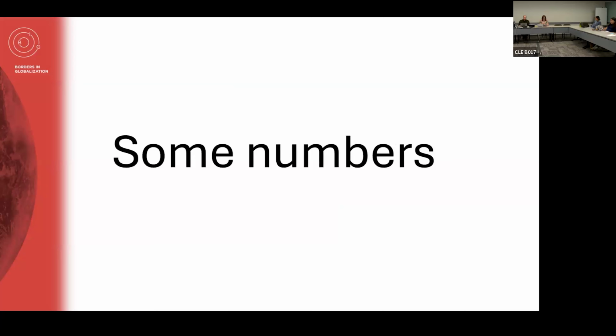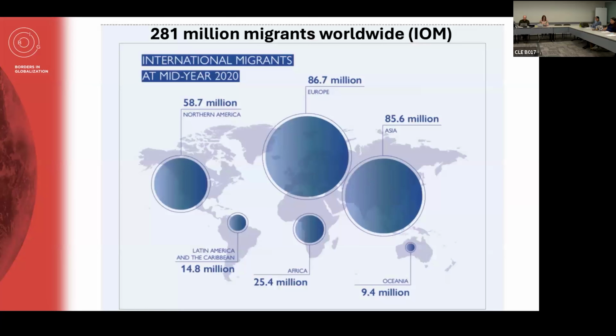Some numbers. This is from the International Organization for Migration. Currently in the world, there's an estimated 281 million migrants. That refers to how many people are living in a country that is not their country of origin. So that doesn't mean that's how many people cross borders this year.